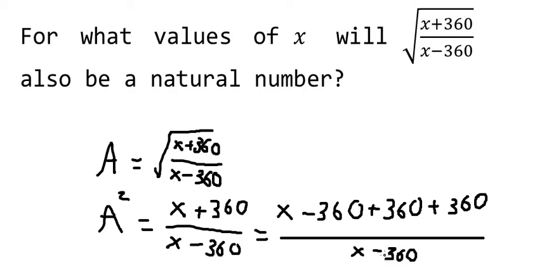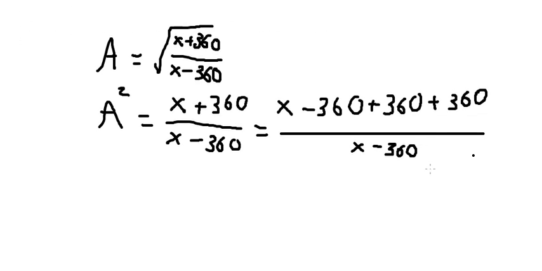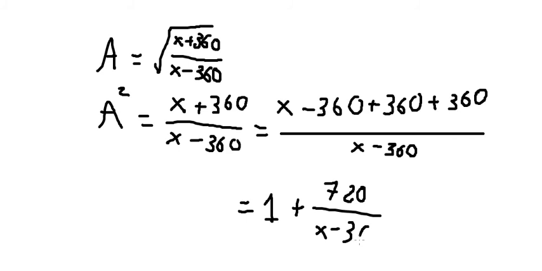So this one divided by this one, you get 1 plus 720 over x minus 360. So we put the number 1 to the left.